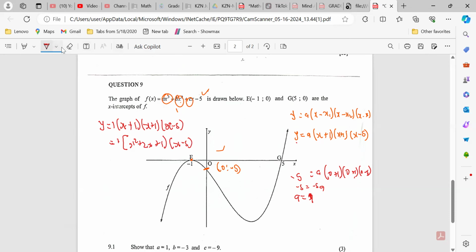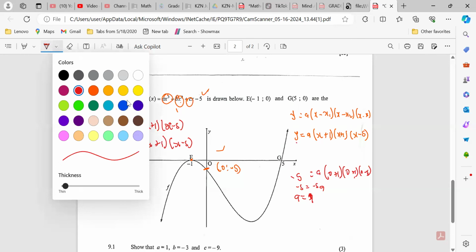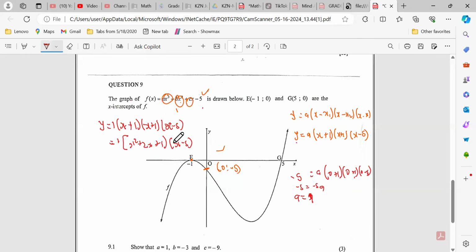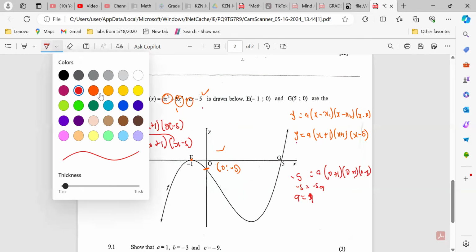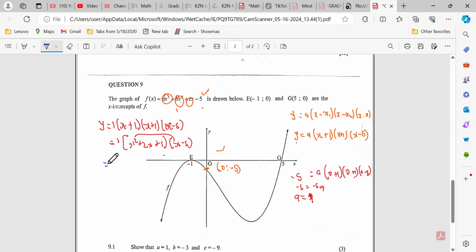Now, we can bring in another column so that we remember we're multiplying. This one multiplied by this one, you get x cubed. This one multiplied by this one, 2x squared. This one multiplied by this one, plus x.